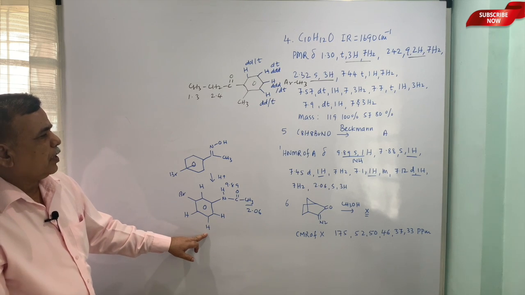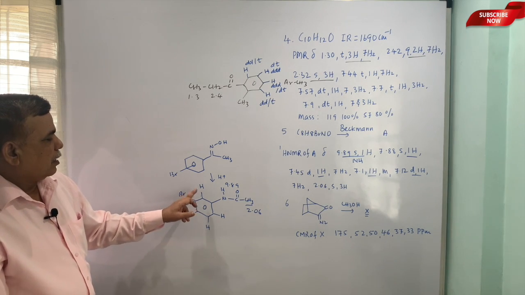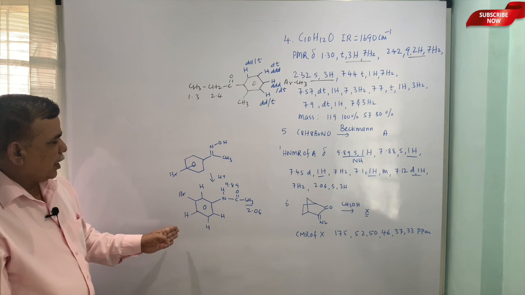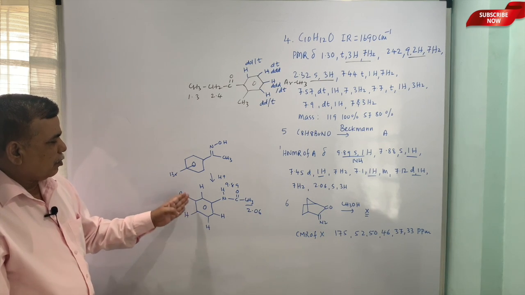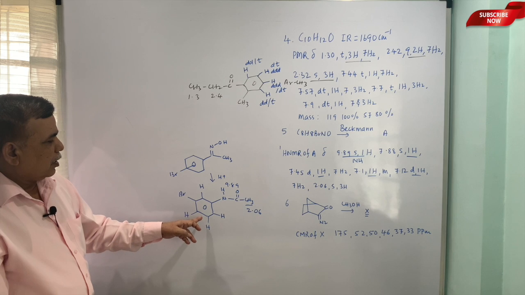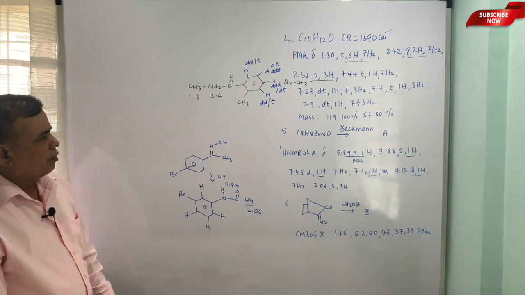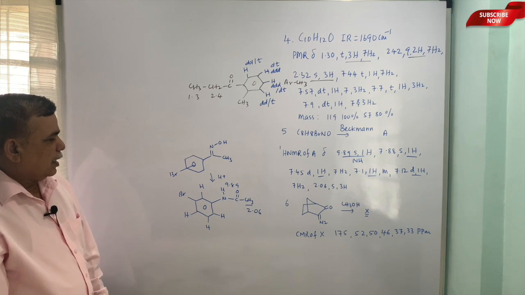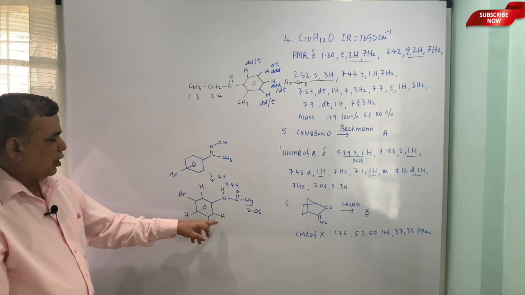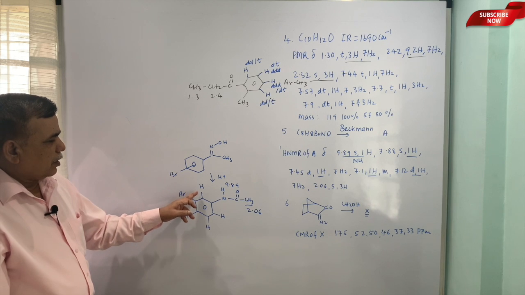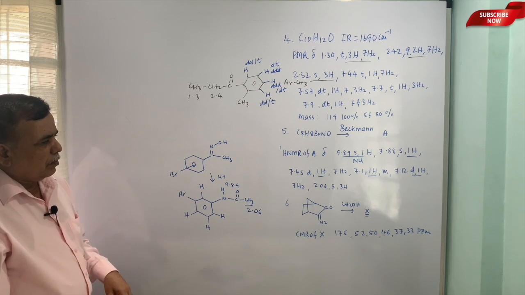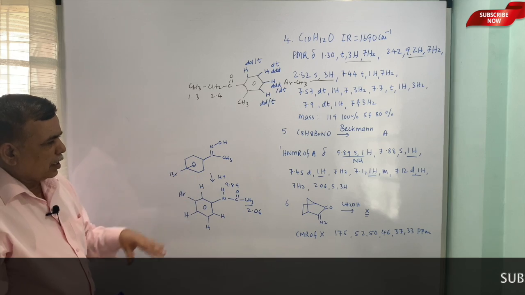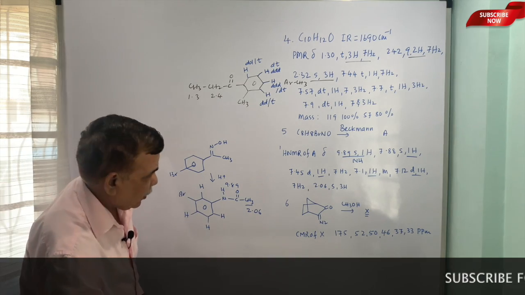So, the most downfield is 7.88, only one has to be there, or you can change the position of bromine also, there is no problem. In that case the meta coupling may be weak, that is why it is appearing as a singlet, otherwise this is meta to both, but still it is showing singlet, that means some steric hindrance is there. So, this looks like a probable structure for the compound.